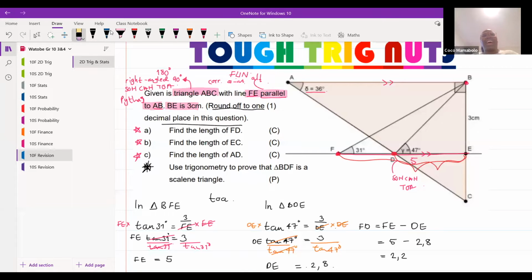I want you guys to see how Anotida is using the right-angled triangles to his advantage to get where he needs to go. That's the kind of logic we're going to look for when we answer these questions. Let's have a look at B.